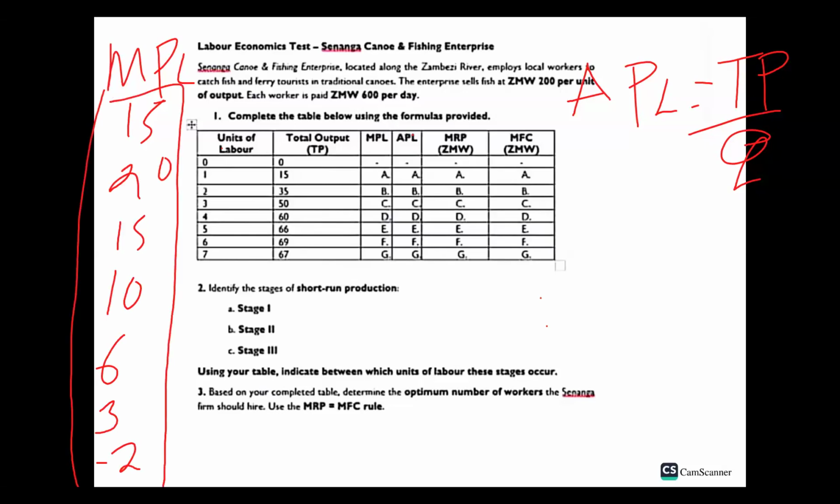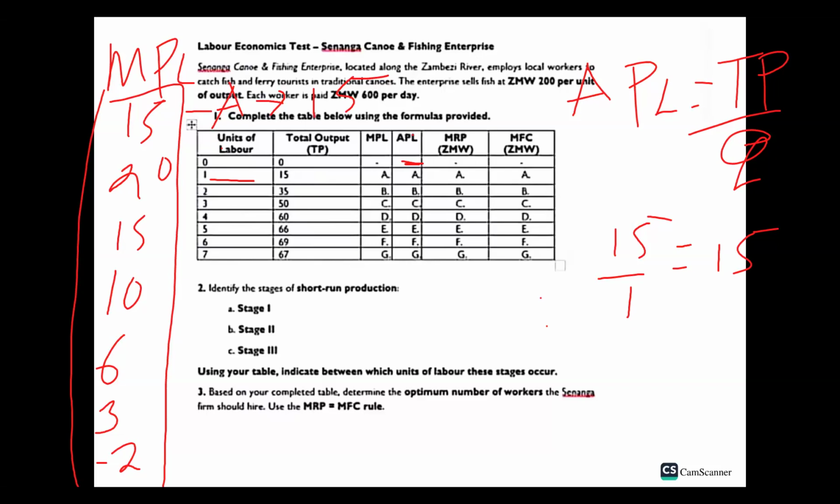So now, going back to APL, what is the TP on the first one? It will just be 0, right? The second one, the TP is 15. 15 divided by output 1 gives us 15. You get that, right? So the value of A is equal to 15.